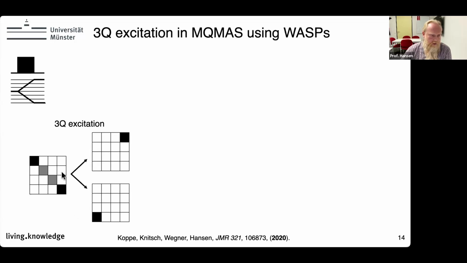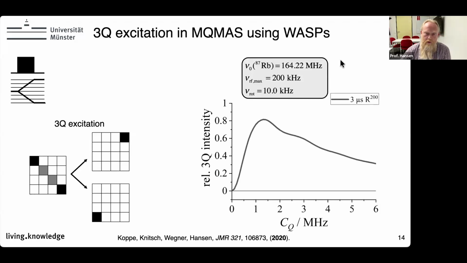So what you want to do, at the matrix level, is excite your triple quantum transitions. We want to compare a rectangular pulse, a very short pulse, at the power level given here as the superscript. We've used just simulations here at 10 kilohertz, for the case of rubidium.